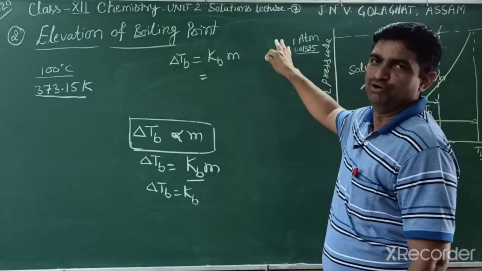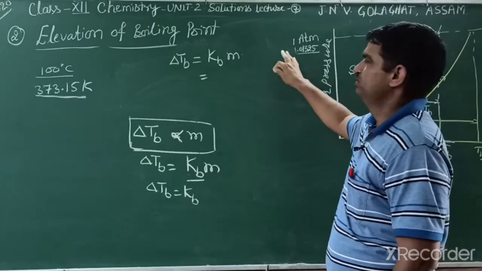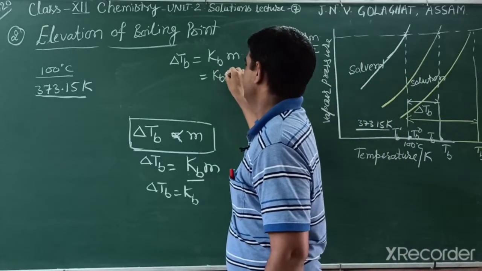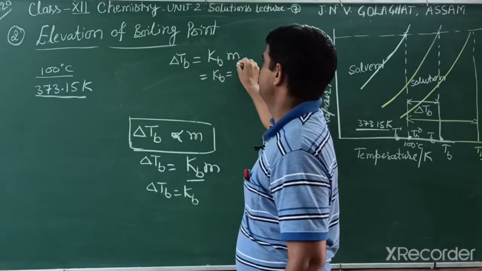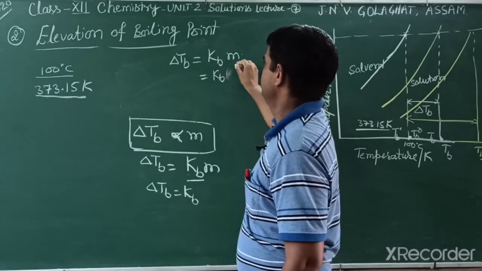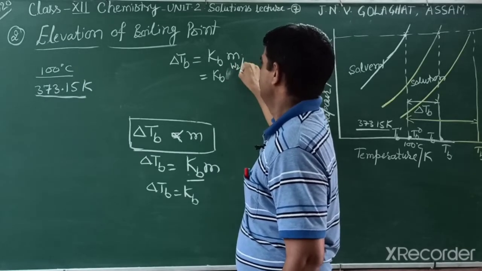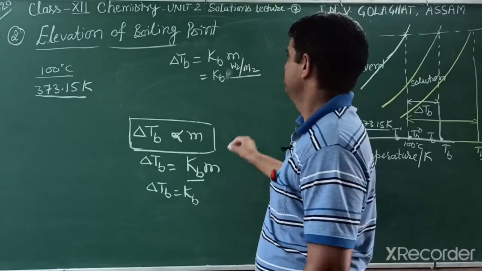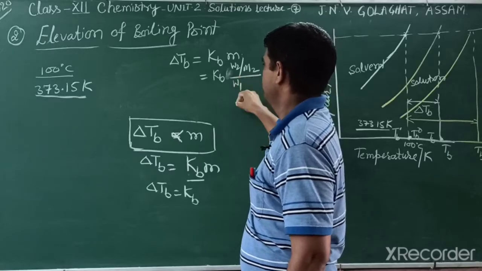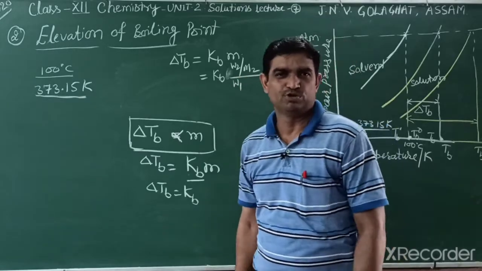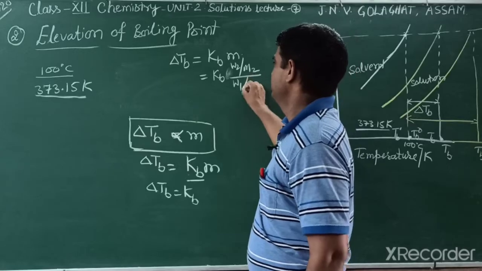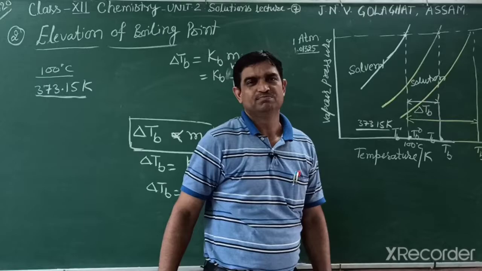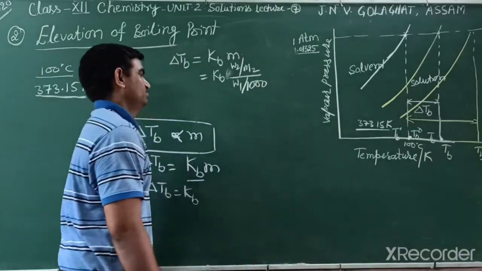Molality means moles of solute dissolved in mass of solvent in kilogram. So Kb is equal to moles of solute. Moles of solute means W2 by M2, divided by the weight of solvent. If the mass of solvent is in gram, then we divide by 1000. Normally the mass is given in gram, then we divide by 1000.